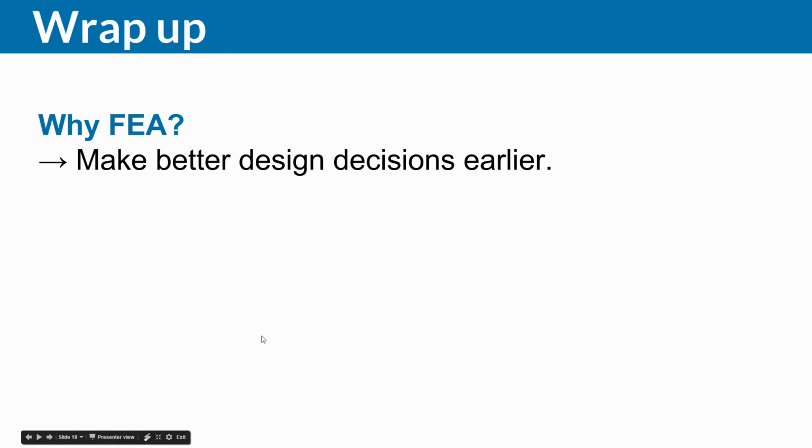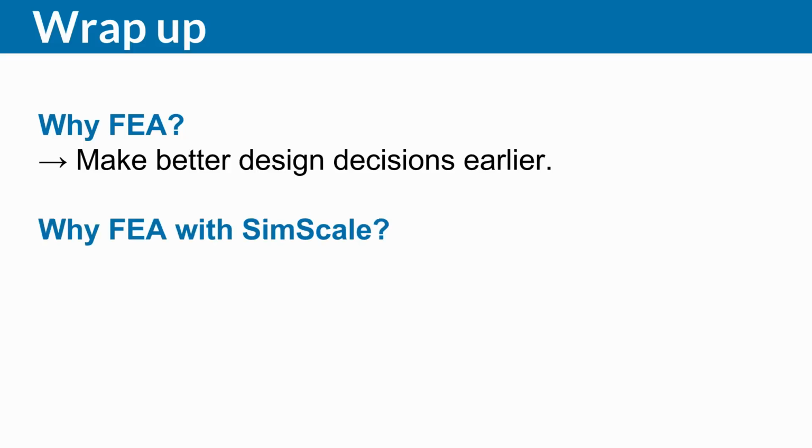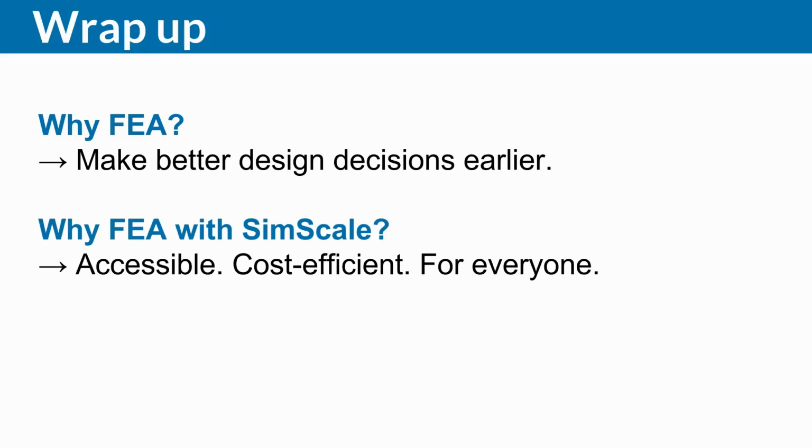So quickly wrap it up. Why do we use FEA? First, we make better design decisions and we make them earlier in the design process. Why use SimScale? Because it overcomes the three main barriers that you would have with traditional FEA: accessibility, the cost, and the expertise that you need to have for traditional tools to be able to run your analysis.